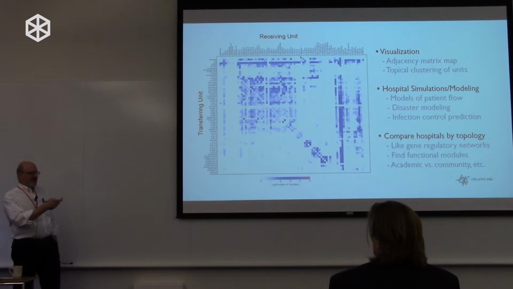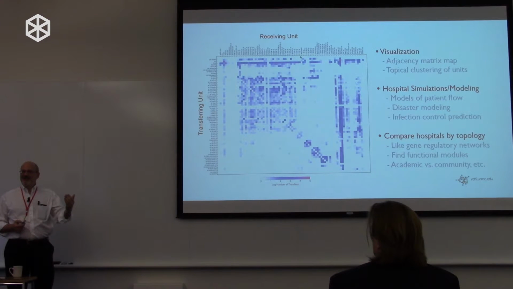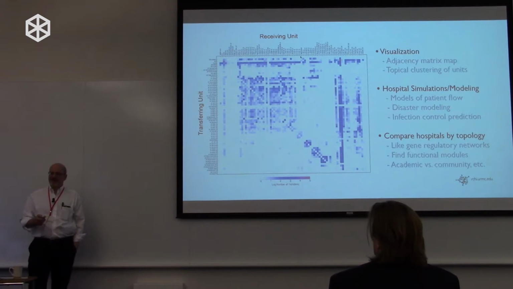We started to use this model to also look at various scenarios. What happens if you close down one of the intensive care units, which is the plan if we got an Ebola case? We would put them in one of the intensive care units, so where are the rest of the patients going to go? No predictive modeling like this is done, as far as I can tell, in terms of load balancing other hospitals.